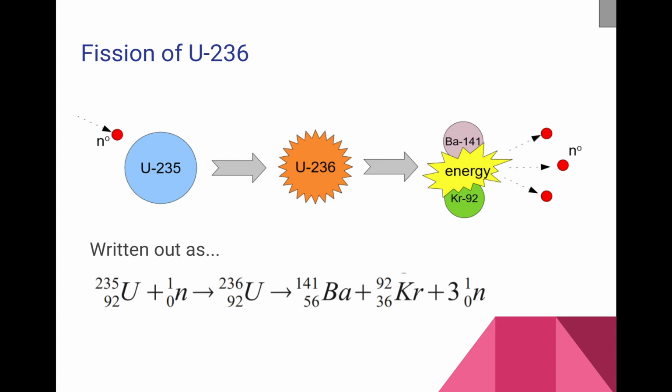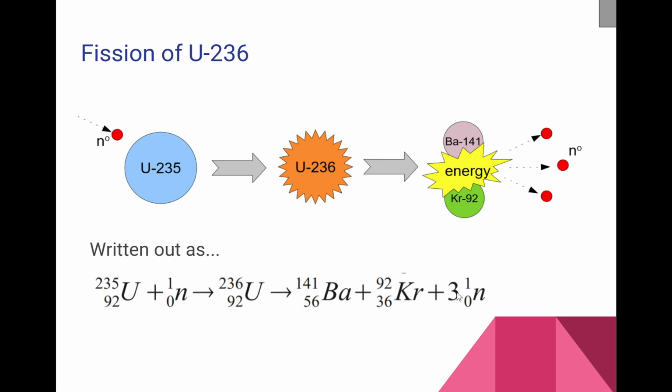Now, this is just one way that that cookie can break, because if you snap a cookie, sometimes the pieces you get are slightly different sizes. Oh, and sorry, I should have mentioned, if you take a look here at conservation of charge and conservation of nucleons, 56 plus 36 plus 0 gives us the 92, and 141 plus 92.